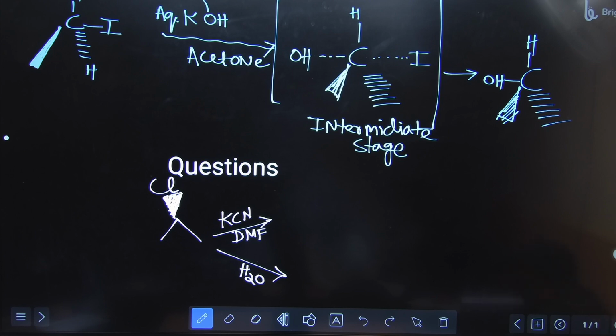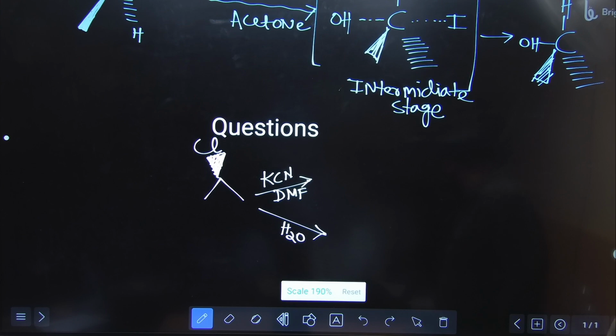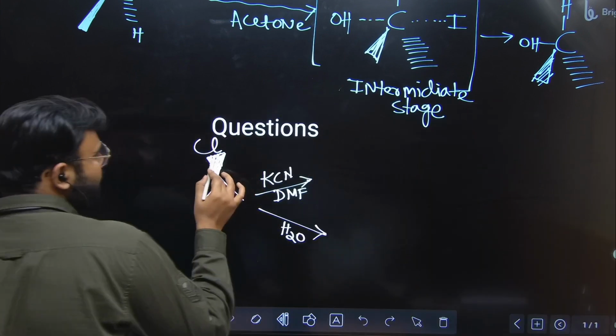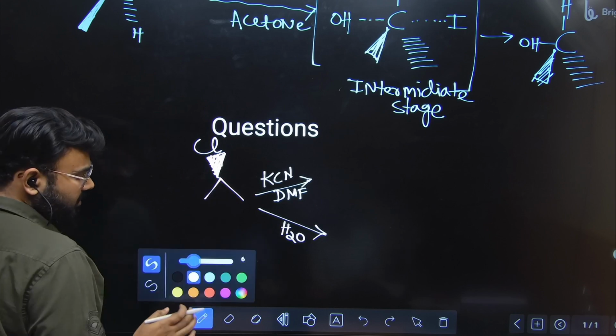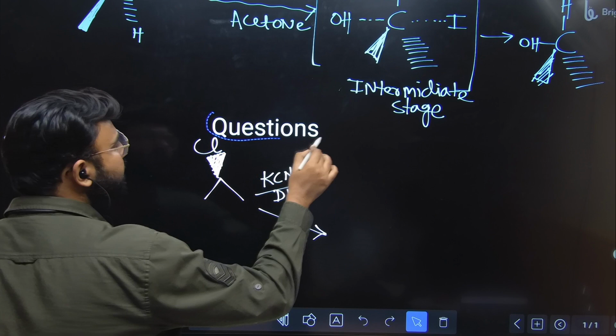Sir, can you redraw the question, sir? You are not able to see the question. No, sir. It's a little bit harder to understand. See, this is a wedge I have drawn, right? It's a wedge. Can you see that? Yes, sir. That I understood.